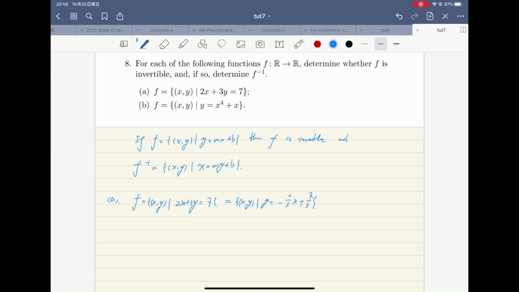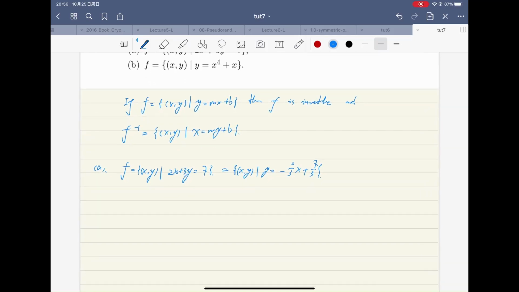So how do we find the inverse function of the original function? We just interchange the values of x and y, then solve for y. So what do we have here? We have y equals negative 2 over 3 x plus 7 over 3. Then we interchange x and y. We get x equals negative 2 over 3 y plus 7 over 3. Then solve for y.